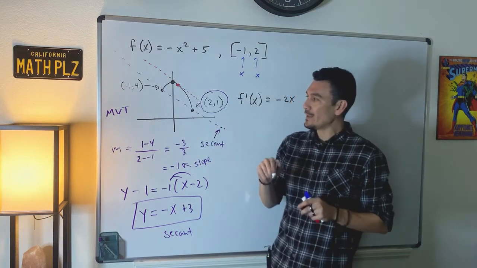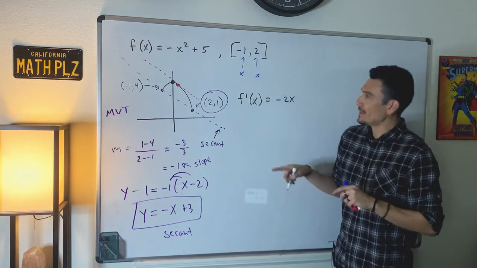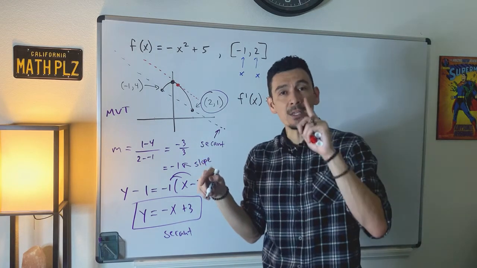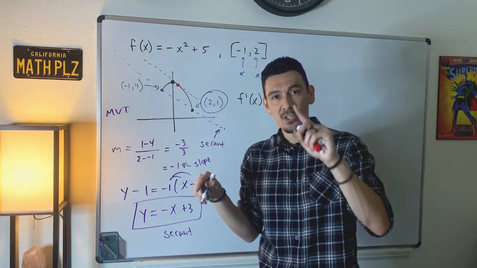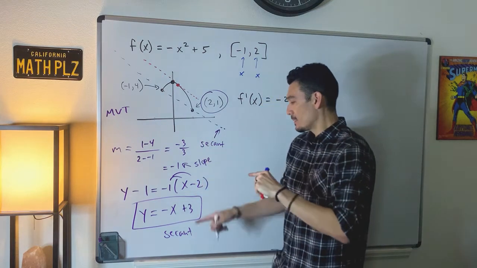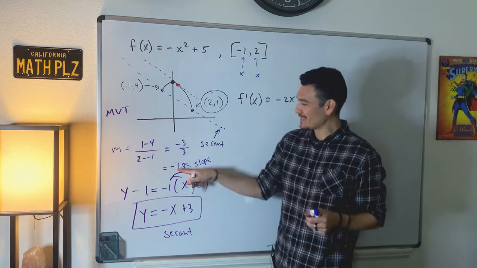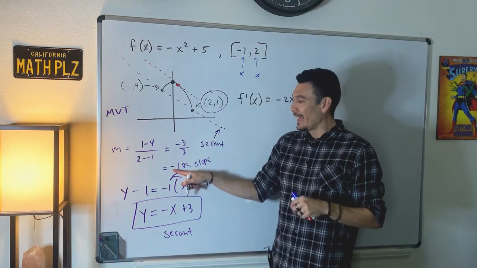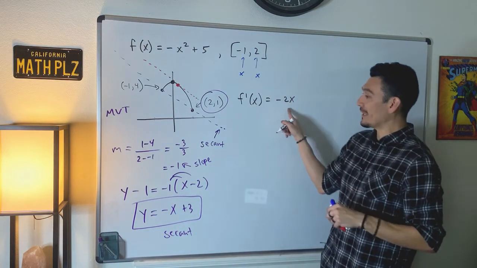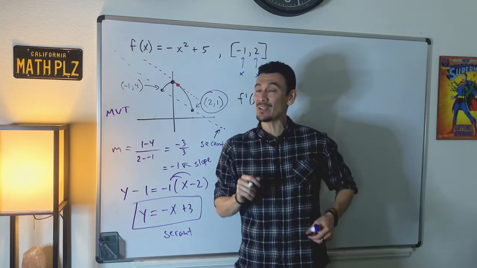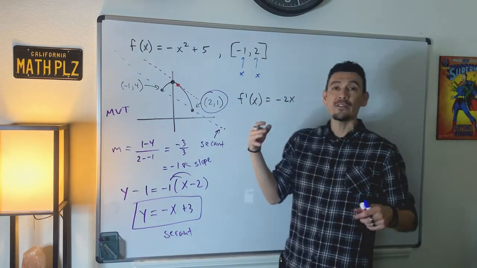If you're playing with MVT, then you find the derivative and you set the derivative equal to the slope, in this case, of the secant. What was the slope of the secant line? The slope of the secant line was -1. And I'm going to set my derivative equal to -1 because the derivative reveals the slope of your tangent.